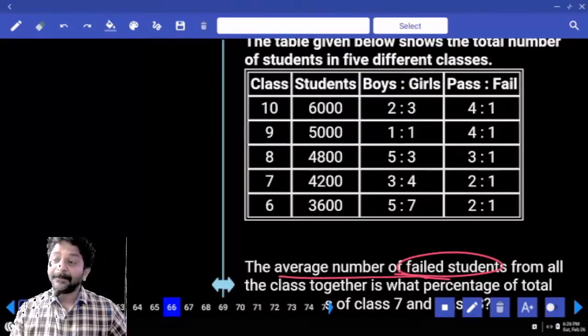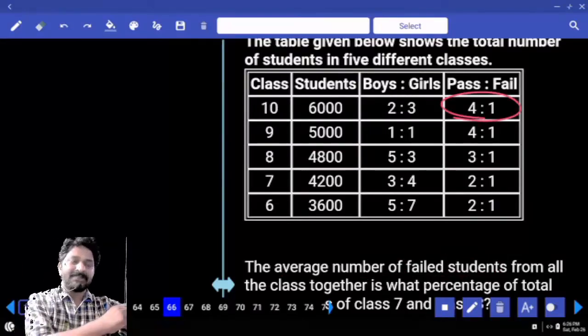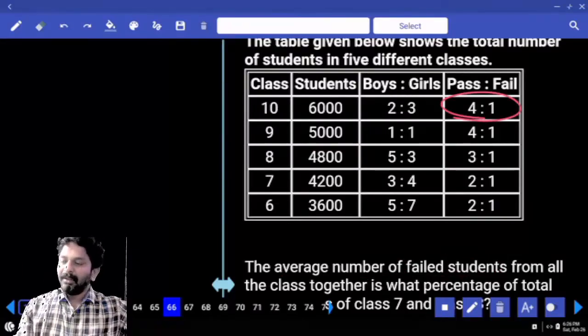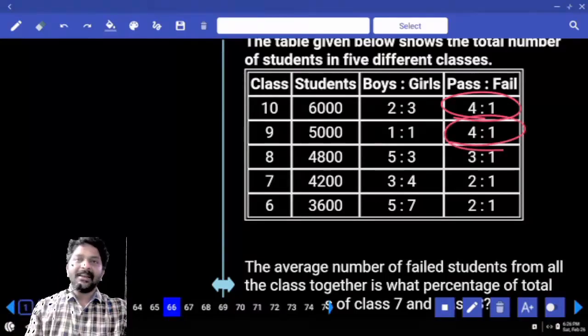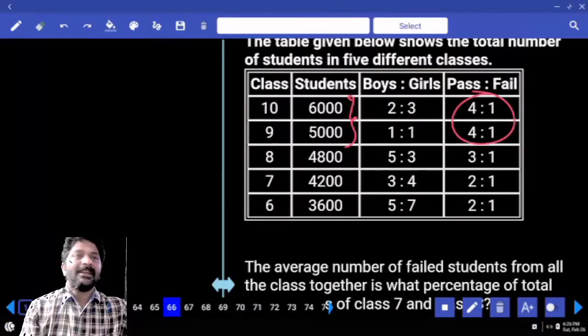Average failures, correct? In 10th class, pass and failures ratio is 4:1. Here also 4:1, right? Then out of both total also it will be 4:1 only.